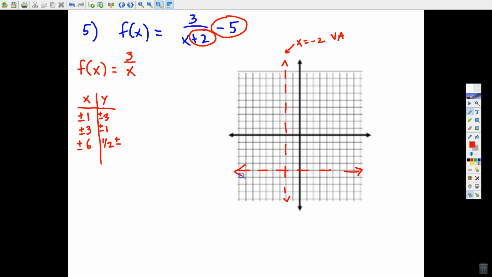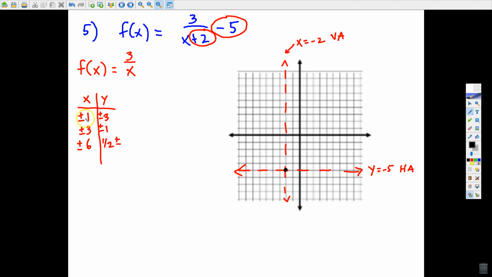All right, so here's my horizontal asymptote. And now you can think of this as your new origin. Okay, for the parent, you plotted points from here, but this whole graph has been shifted diagonally so that now the origin that we're going to plot these points from is here where these two lines cross each other.